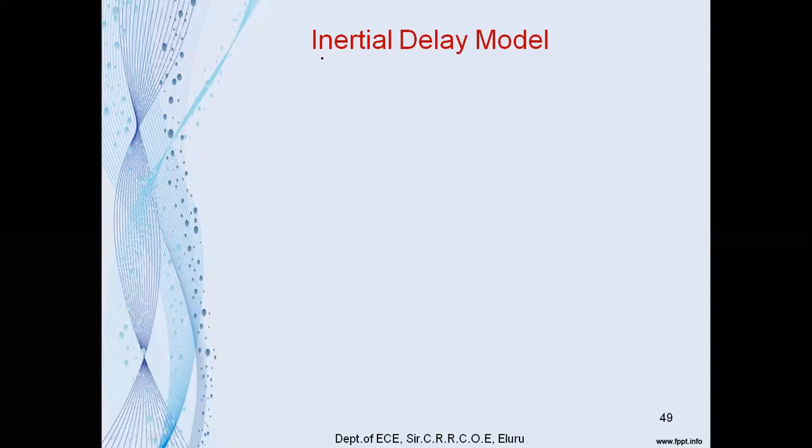And the next topic, the next content in VHDL, is delay models. In VHDL, we have two types of delay models: the inertial delay model and the transport delay model. Mainly they are used for describing delays in VHDL.